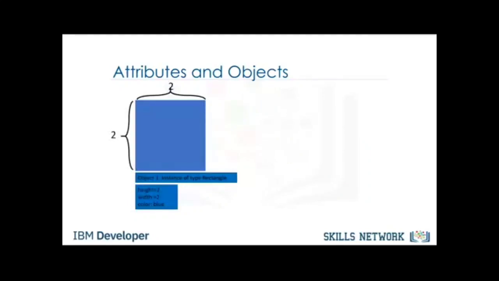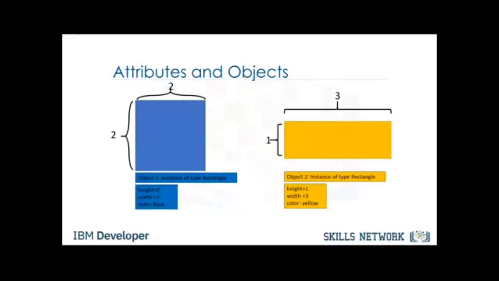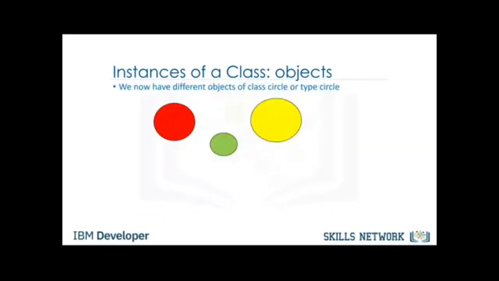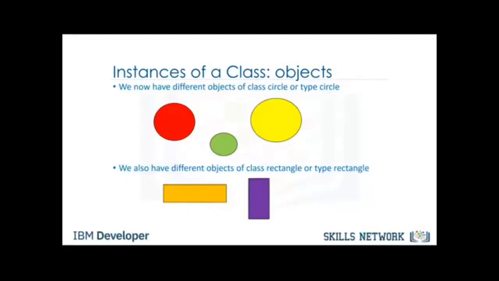The color data attribute is blue, and the data attribute of height and width is 2. The second object is also an instance of type rectangle. In this case, the color data attribute is yellow, and the height is 1, and the width is 3. We now have different objects of class circle or type circle. We also have different objects of class rectangle or type rectangle.